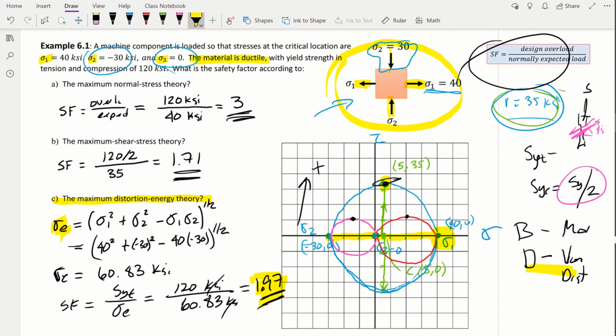So because the material is ductile, we already know that the von Mises, or the maximum distortion energy theory, is the best predictor. So if somebody would ask you, okay, what is the safety factor for this application? Yes, we can calculate all 3, but the best predictor is going to be this one over here. Why? Because the material is ductile, and that theory is best for ductile materials.